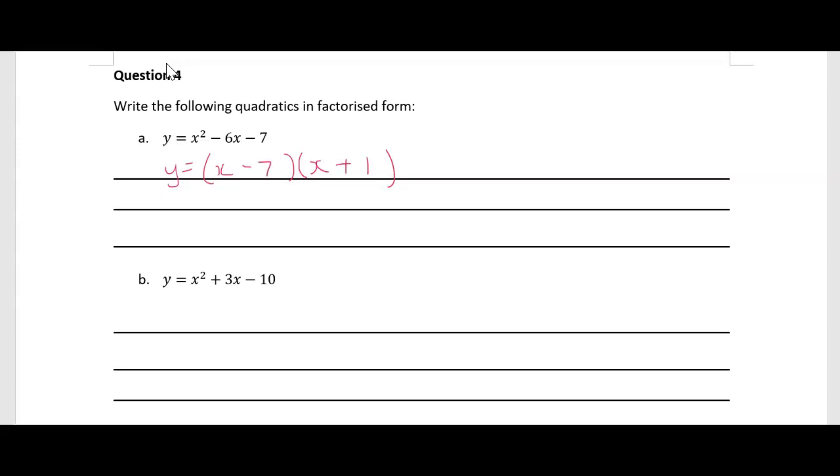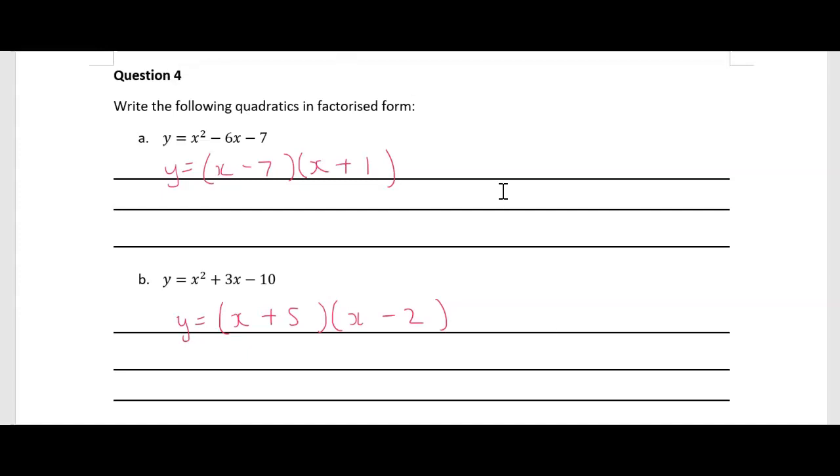So -7 times 1 is -7, -7 plus 1 is -6. Boom, we've done it in factorized form. Let's do the next one. Coefficient of x squared is 1, so nice and easy to do. 2 numbers when multiplied give you -10, and when added will give you 3. So it's going to be 5 and -2.